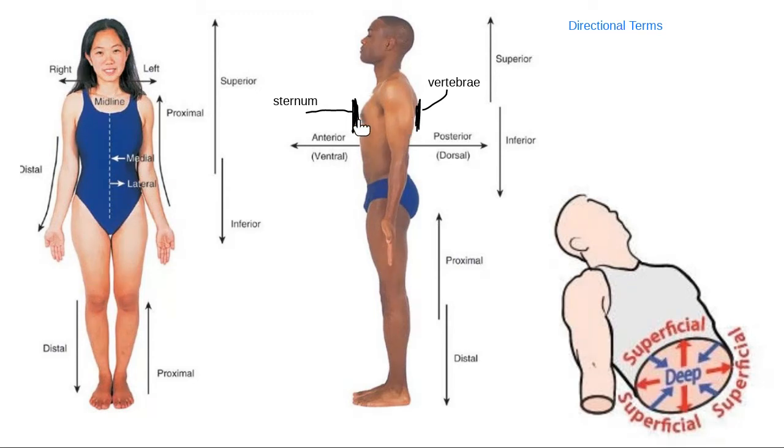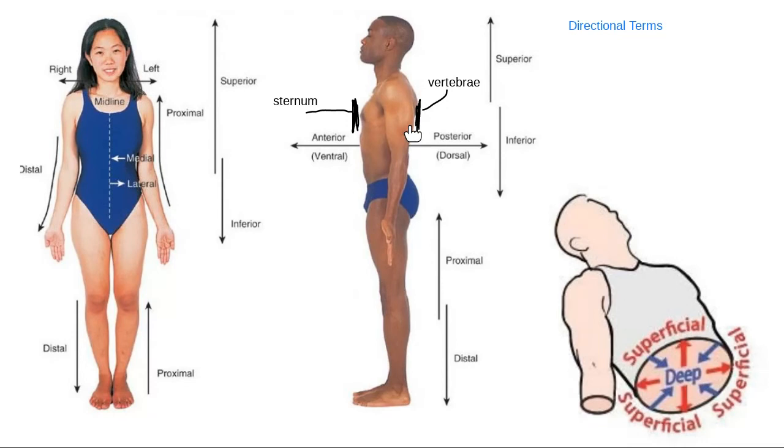The sternum is toward the front. So if I'm going to turn this into anatomy words, like several of us are saying in the chat, the sternum is anterior to the vertebrae. The sternum is closer to the front side than the vertebrae are.